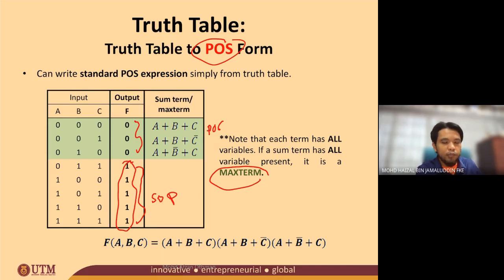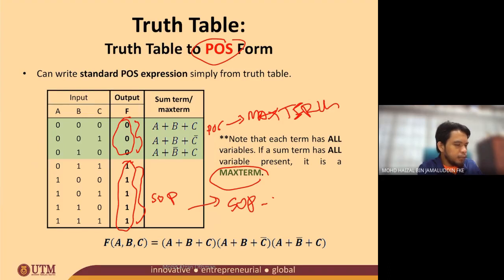So in this case, we have 8 possibilities. So 8 minus 5, another 3 possibilities is representing the POS. So POS representing the max term, while SOP representing the min term.